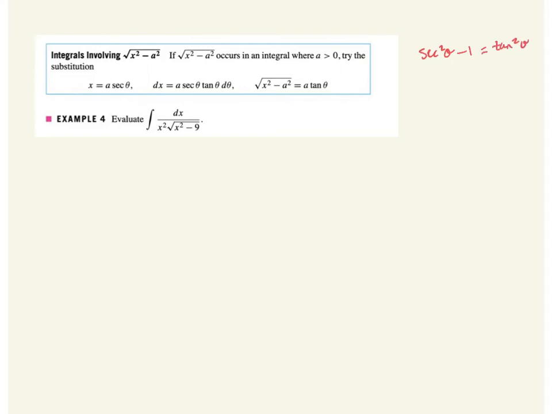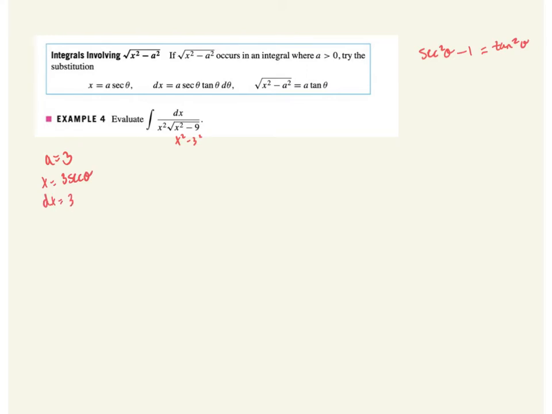So I've just rewritten it a little bit from what we had before. Okay. So again, I'm looking for that a, I'm looking for now x equaling a secant theta. So in this case, my a is going to be 3. So my x is equal to 3 secant theta.